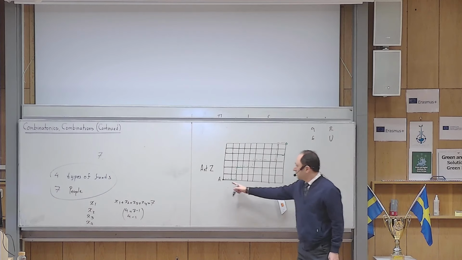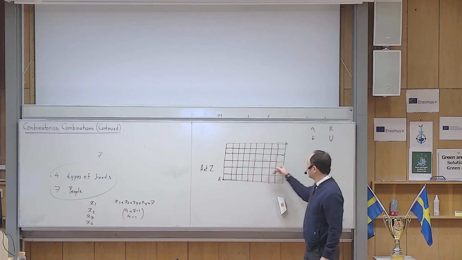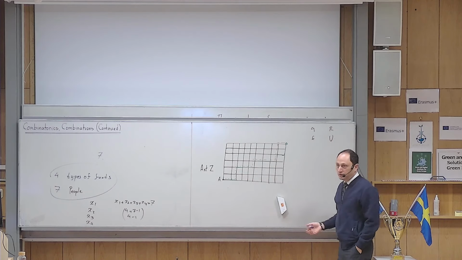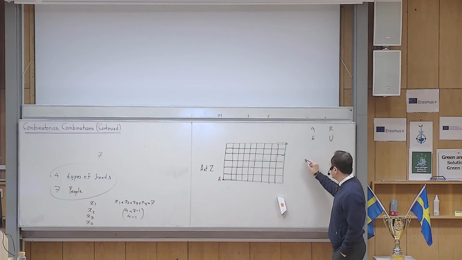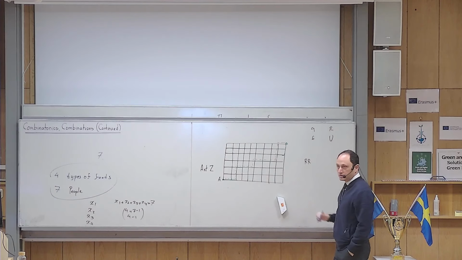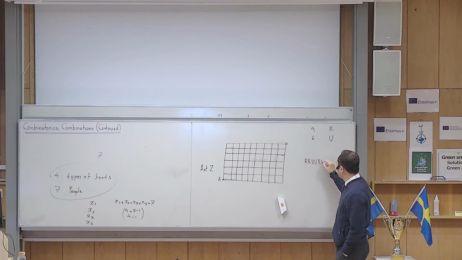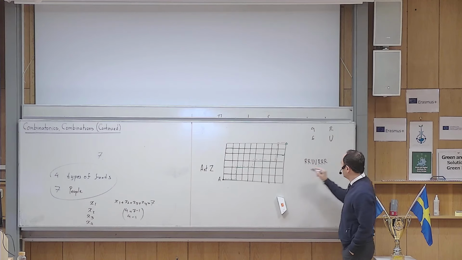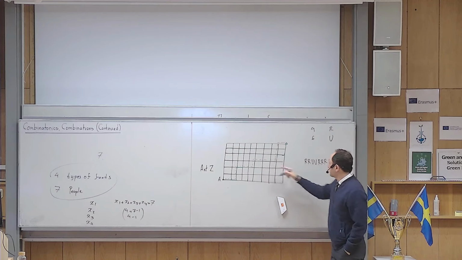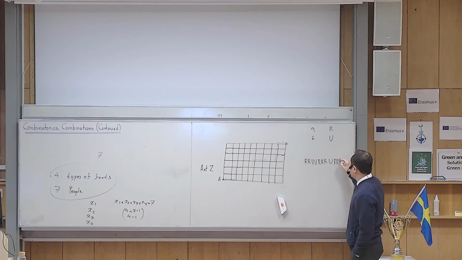For example, can I code this green line with R and U? Yes, because what is this? It's RR, 2 rights and 2 U's, and then 3 R's, and then 1 U, and then 3 R's, and then 1 U, 1 R, and 2 U's.